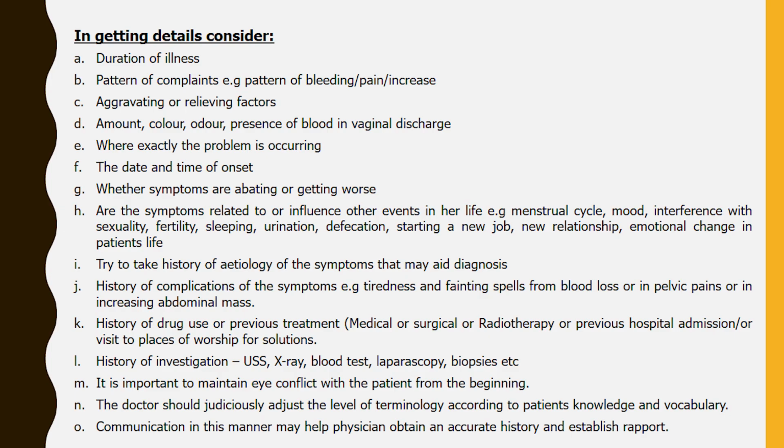If the woman is having a heavy menstrual loss, you also want to know the duration and how it started, and compare it with when the blood flow was normal, like the first years of perimenarche. You need to know how normal this blood was at that time.